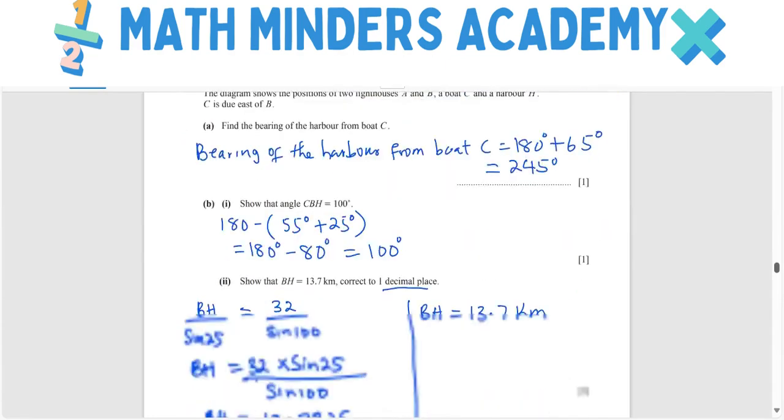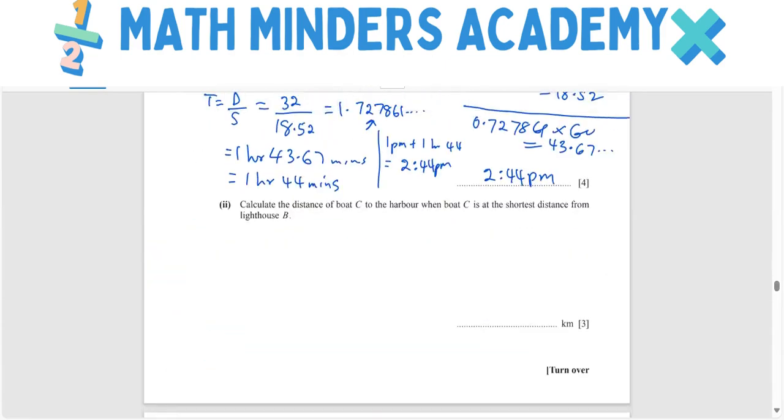Let's take that right angle triangle. This is 90, this is where C is, this is the lighthouse, this is the harbor, and this is 13.7. This is 55.